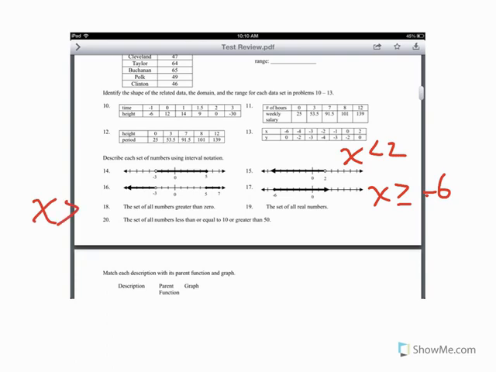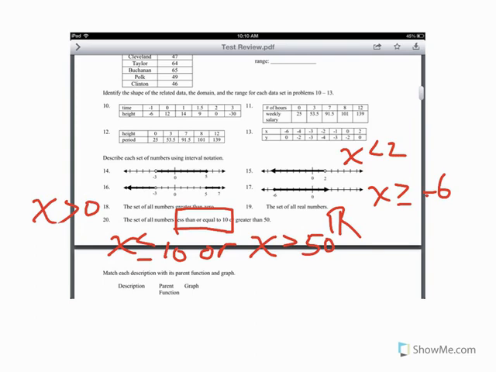Well, that would be x is greater than 0. That's all it's saying. All real numbers, you would just say are. Set of all numbers less than or equal to 10 would be x is less than or equal to 10, or x is greater than 50. So it's just stating what's there. That's all you're doing through all of those.